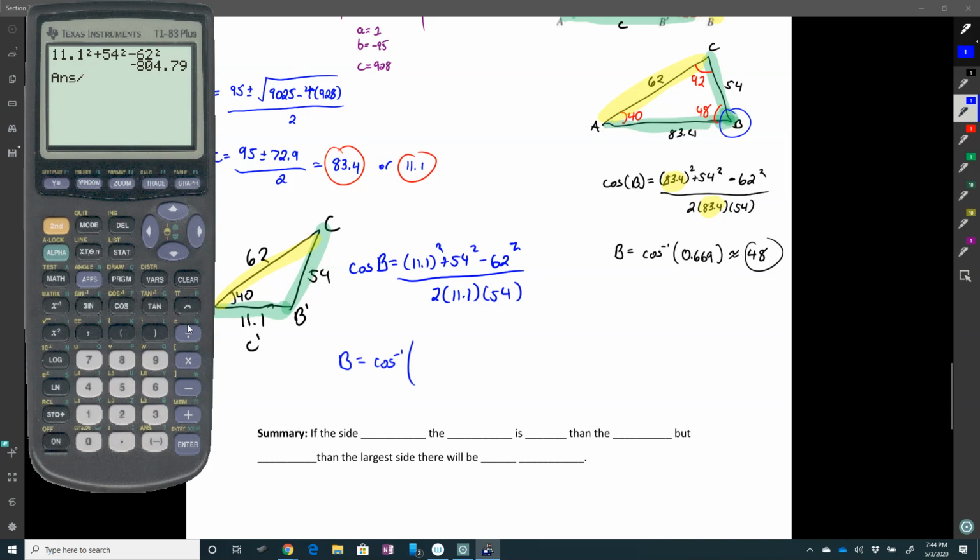So I divide that by 2 times 11.1 times 54, and I get negative 0.6713, inverse cosine of that. So 132 point, rounding to one decimal place, so 132.2.